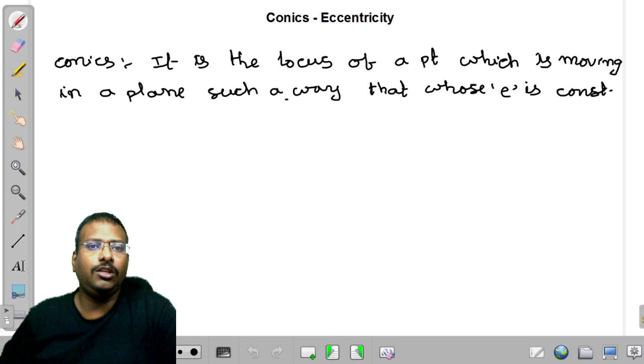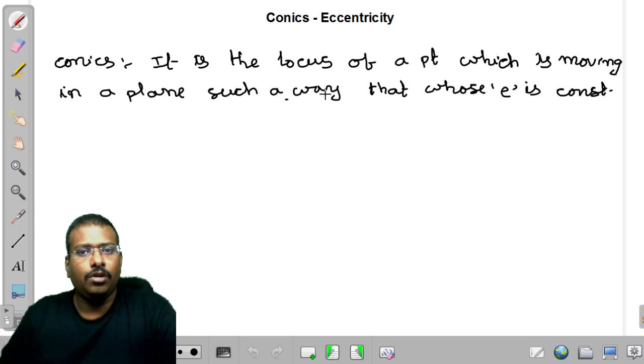Apart from these, sir, just now you said eccentricity is the ratio of the distance of a point from a fixed point to the fixed straight line. Now the conics is the locus of a point whose E is constant. Okay, so we are having different conics.